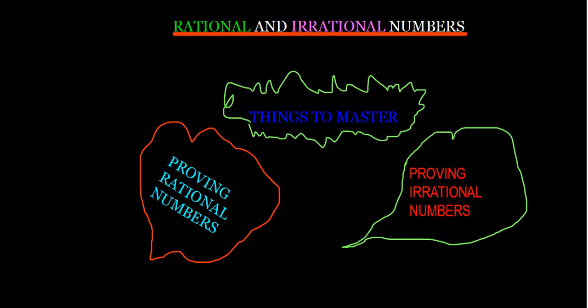Okay, so when you hear of the word rational, a rational number is a number... So we'll talk about rational numbers now. Rational numbers are numbers that can be expressed in the form of a over b, where b should not be equal to 0.